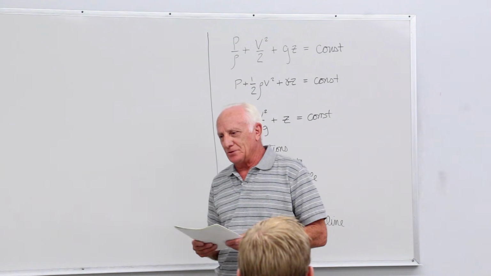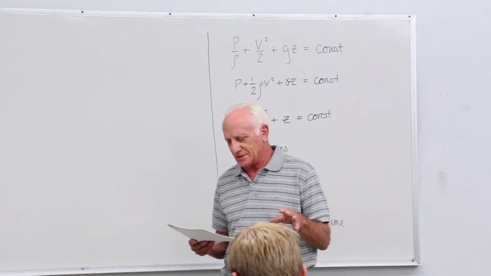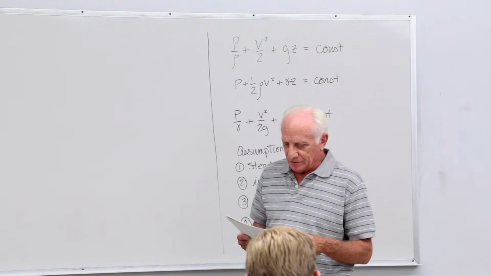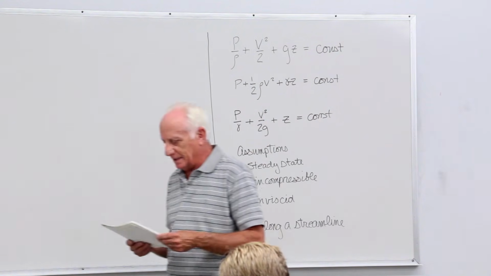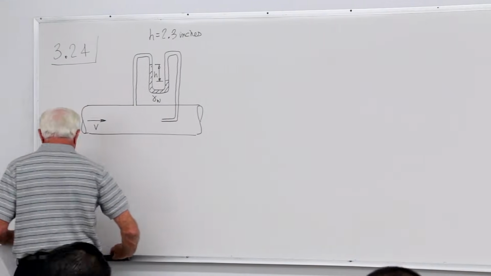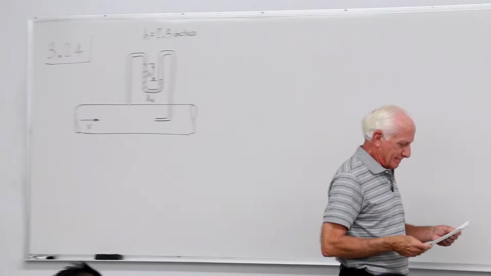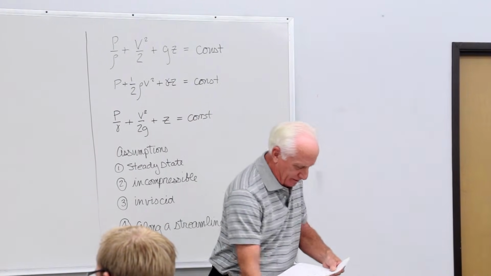A pitot-static tube. Now, we're going to talk about what that is in a few minutes, but for right now, this thing is called a pitot-static tube. It is used to measure the velocity of helium, well, it's not air, in a pipe. That's helium. The temperature and pressure are 40 Fahrenheit and 25 psia.